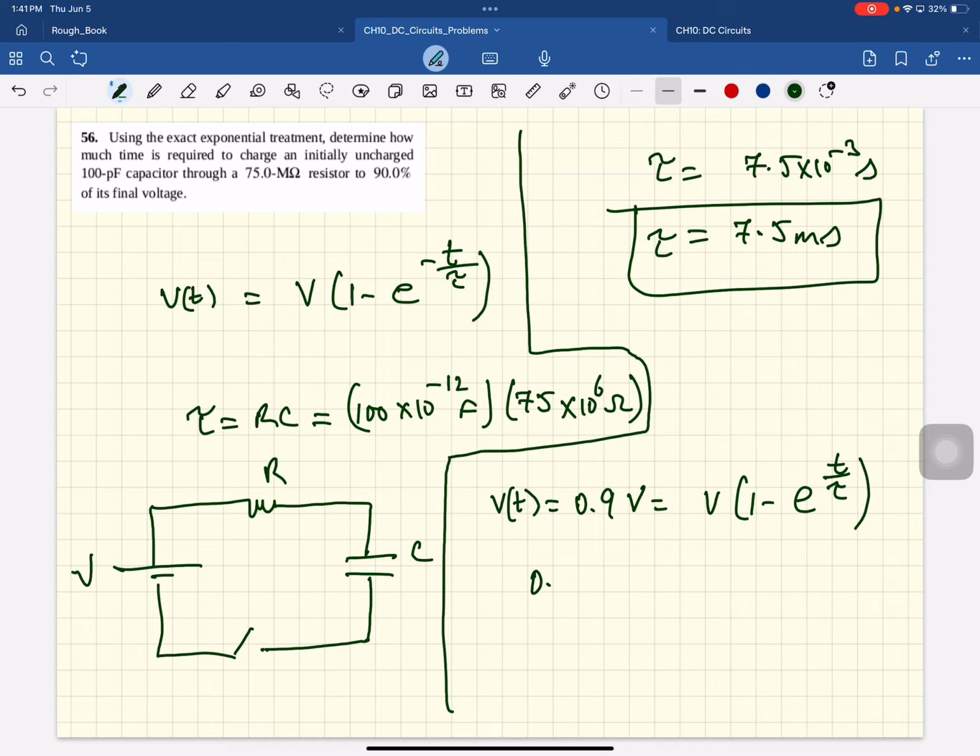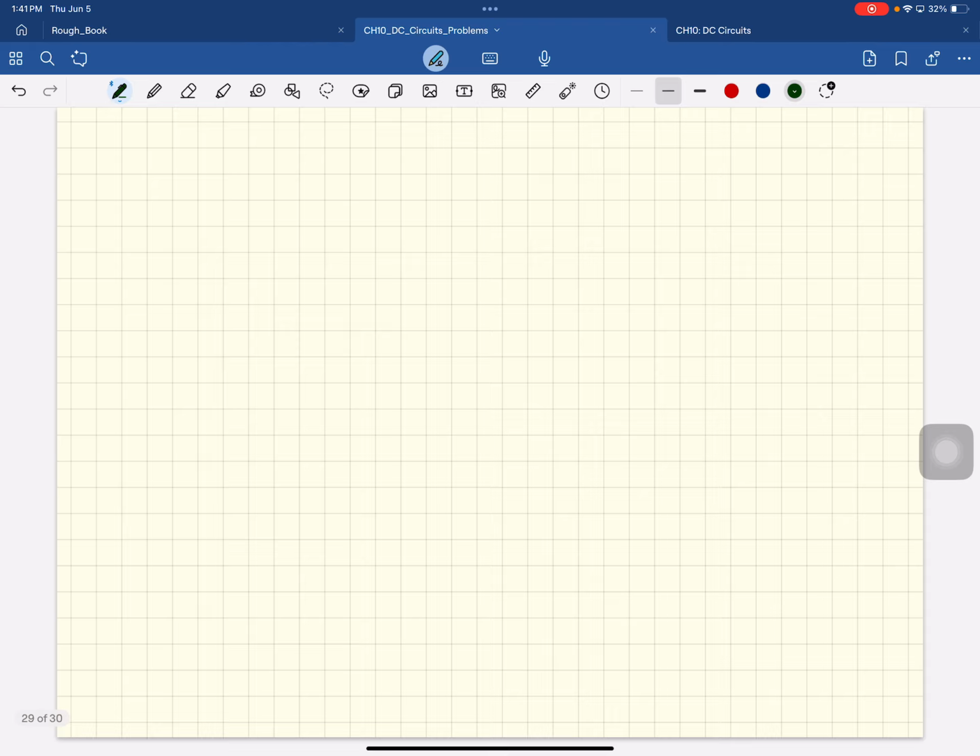So 0.9 equals 1 minus e to the power of minus t over tau. E to the power of minus t over tau equals 0.1. Minus t over tau equals log 0.1. t equals minus tau log 0.1.